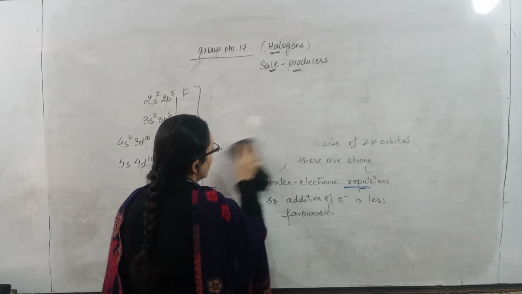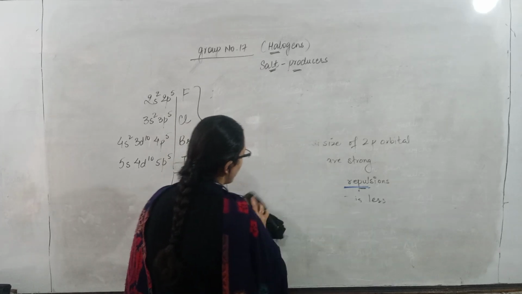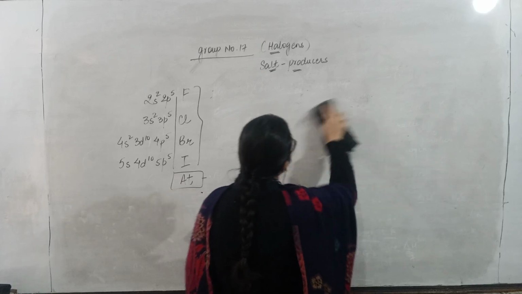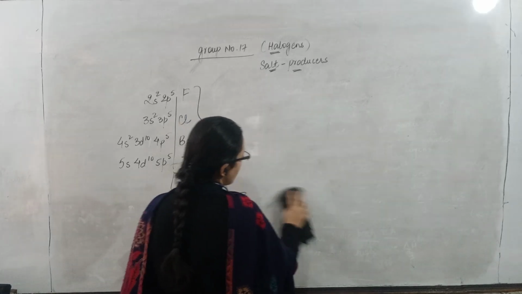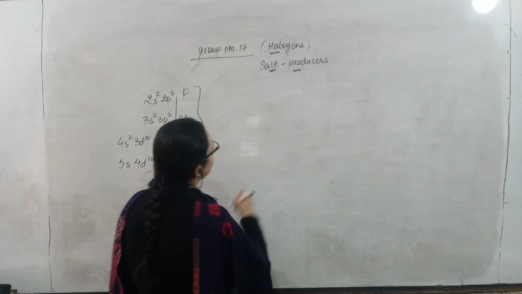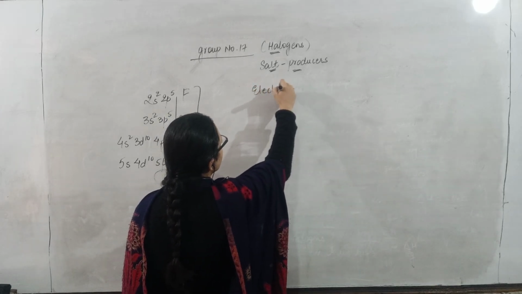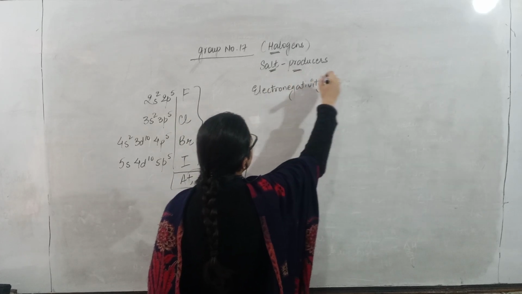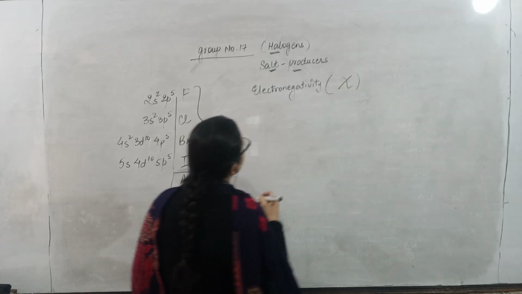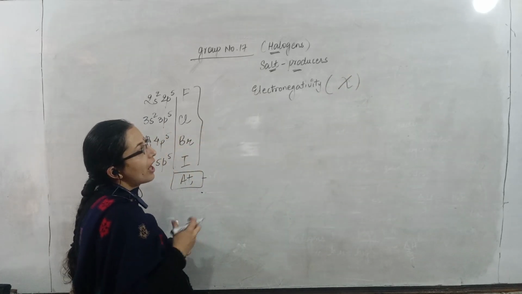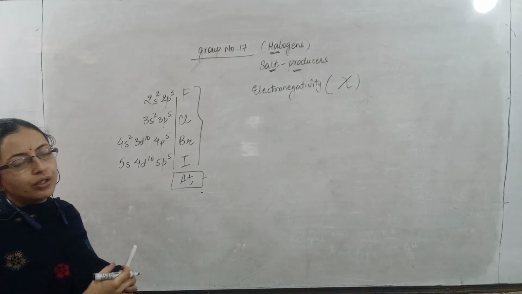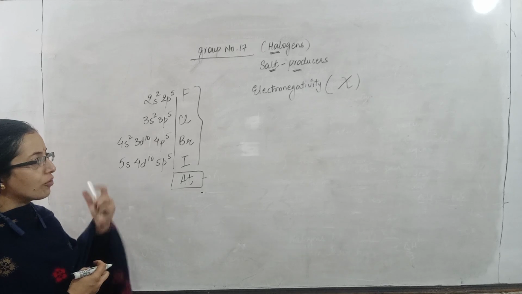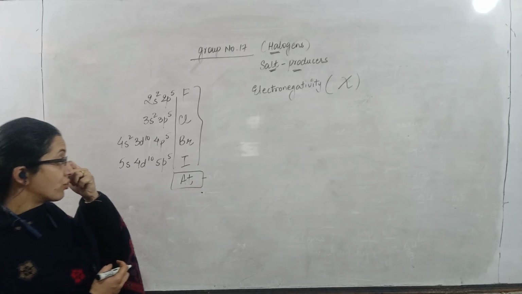How do we define electronegativity? It is a relative tendency: the tendency to attract the shared electron pair towards itself. Generally, the symbol used is chi. So out of the two atoms, the one which attracts the shared electron pair more is said to be more electronegative.